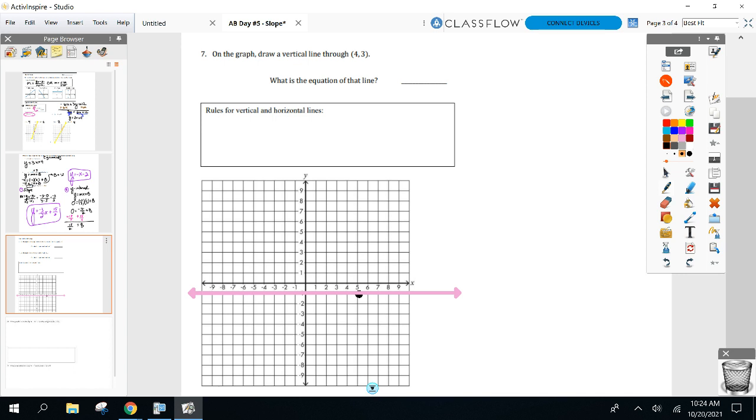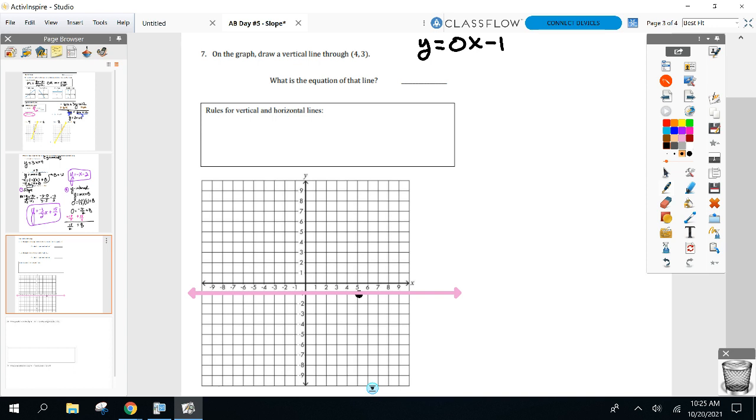-1? Okay, let me write this down, and I want to make it a little simpler. So here's what you guys told me. Y equals, what's the slope of any horizontal line? 0, right? So 0x, and then what was the y-intercept? I don't like the way that looks. I want to simplify it a little more. 0 times x, or 0 times anything?